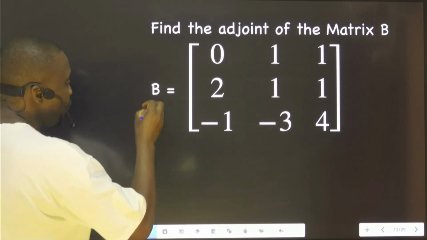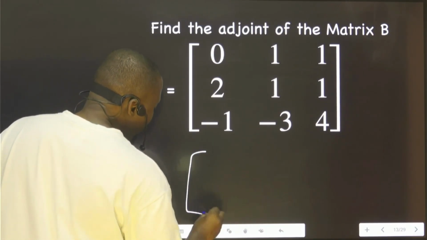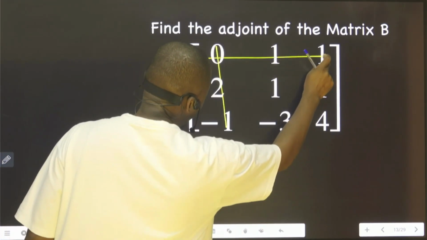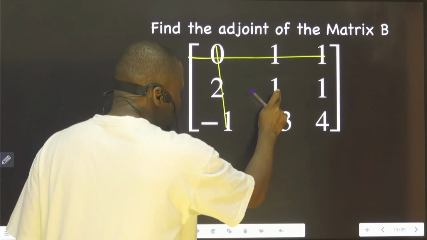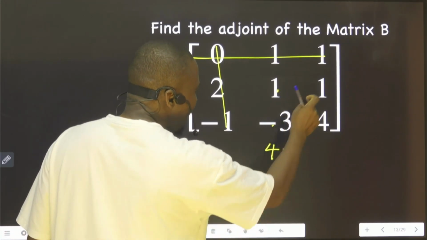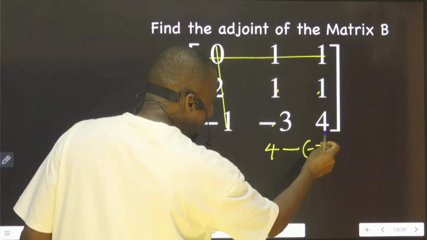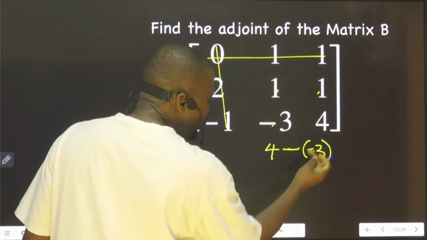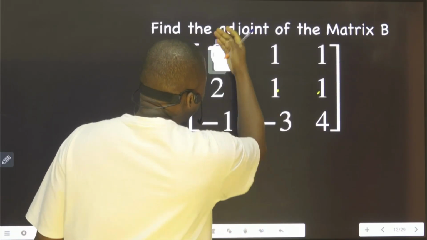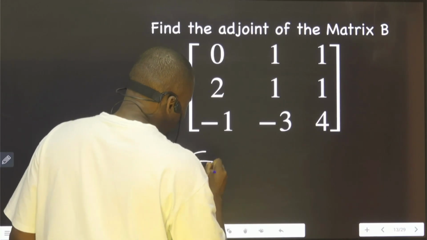For this 0, to get the minor, we say this multiplied by this, that is 4, minus this multiplied by this, that is minus 3. Minus minus produces plus, and this will give us 7. So the minor of 0 is 7.